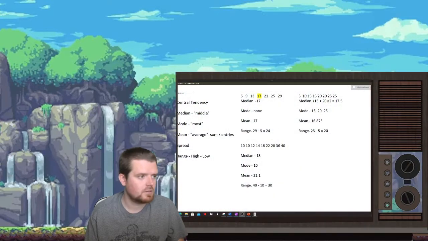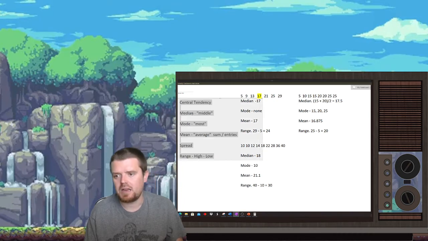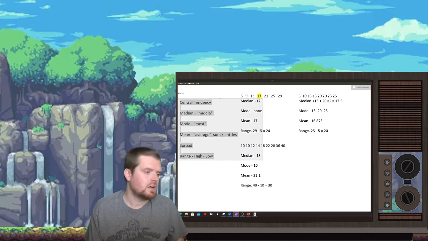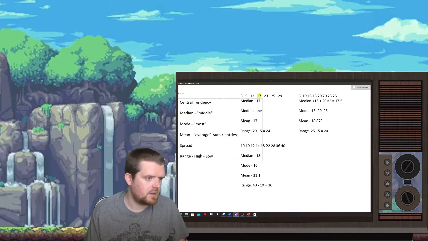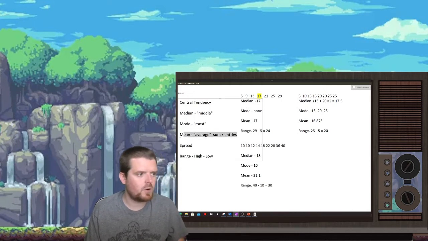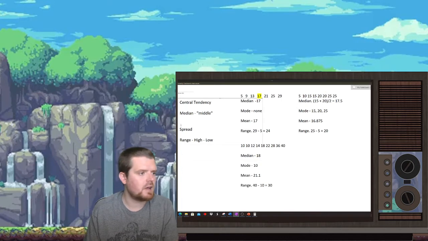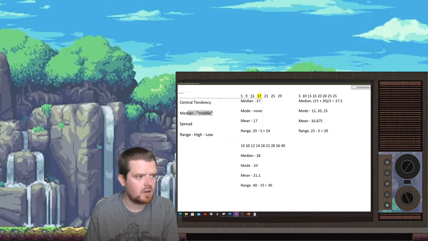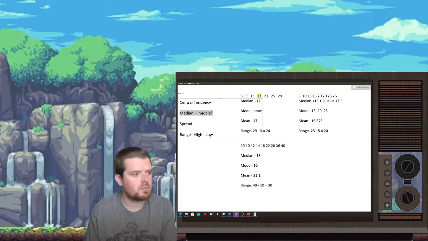In the last section, we again talked about central tendency, median, mode, mean, range. For this section, we are going to be focusing on what's known as a 5-number summary. So we do need our median to create this 5-number summary. We do need our high and low, so we do need the range.